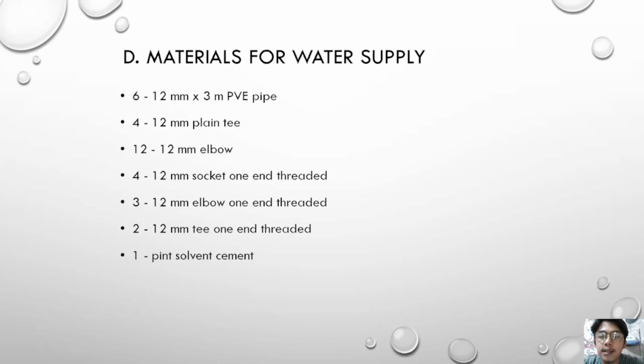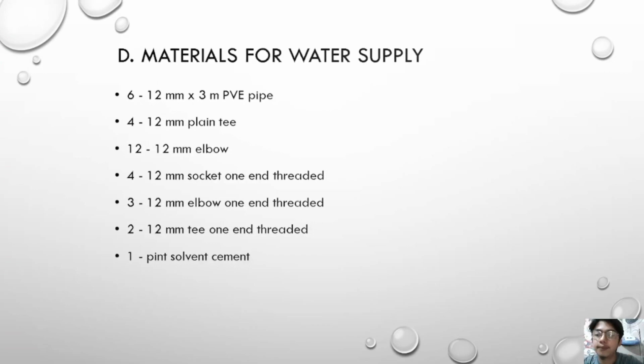The other components include various fittings such as plain T's, elbows, and T's with threaded ends. These fittings are used to connect and direct water flow through the PVE pipe. In addition, a pint of solvent cement is included, which is used to join the pipe and fittings together. So overall, these materials are essential in creating a functional and efficient water supply system.